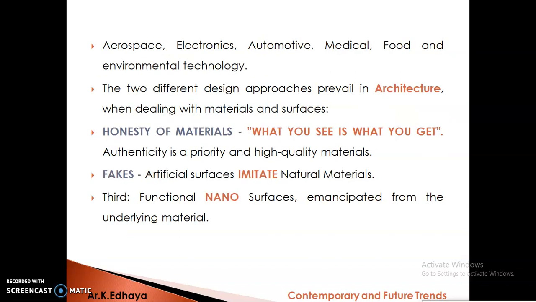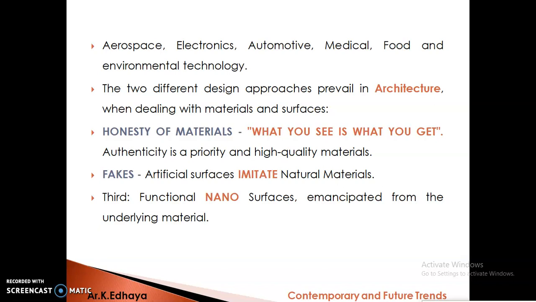Again, it is not alone in architecture. Nanotechnology is already being used in aerospace, electronics, automotive, medical, food, and environmental technology. In architecture, there are two basic approaches to using materials. One is honesty of the materials. Few architects will always want to see the originality.